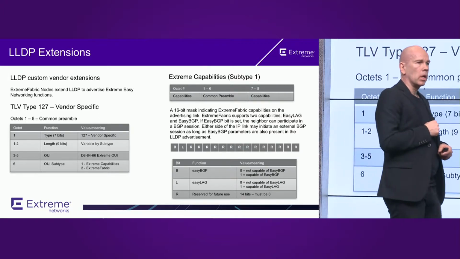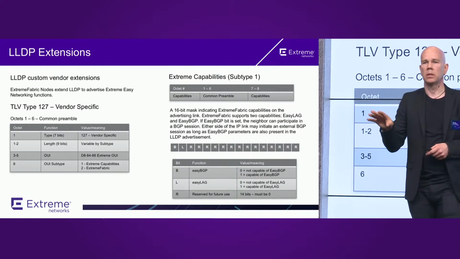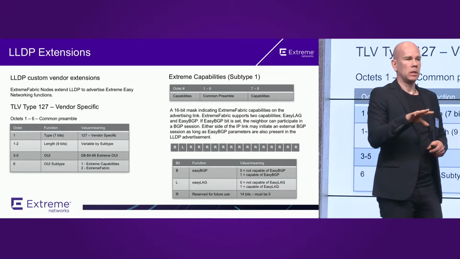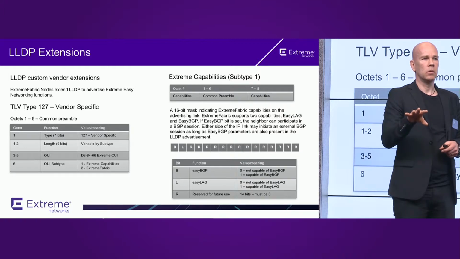Coming back to what I was saying when we formed the fabric, I have my EasyBGP bit set. My neighbor has his EasyBGP bit set. That would allow me to signal a BGP session between these two elements.